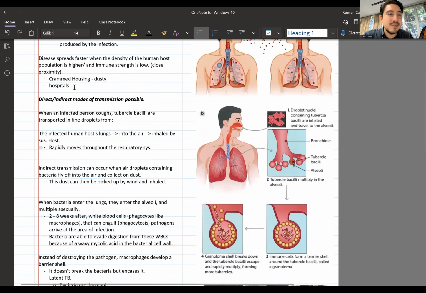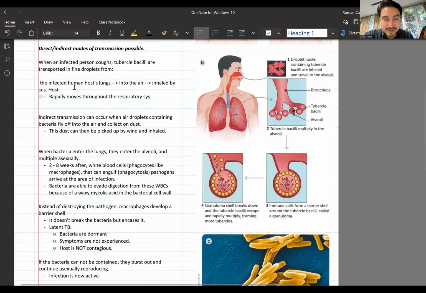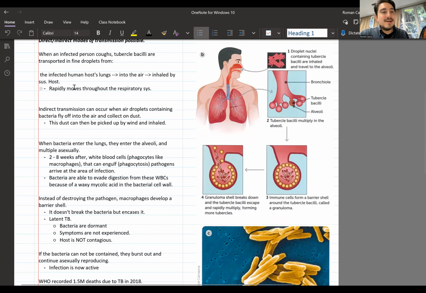Of course, you're essentially coughing in front of a person, which you definitely don't do. But we've talked about indirect transmission already, where the air droplets fly off into the air and pass a relatively good distance, and they collect on dust, on surfaces.